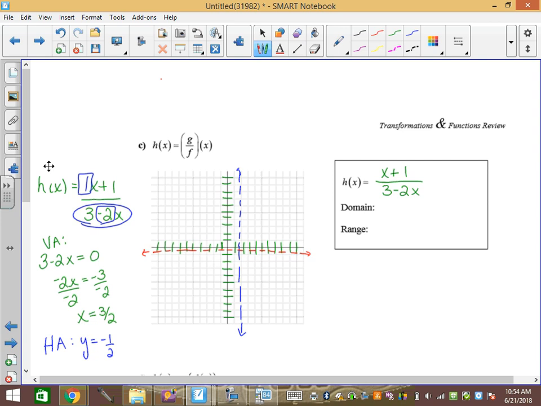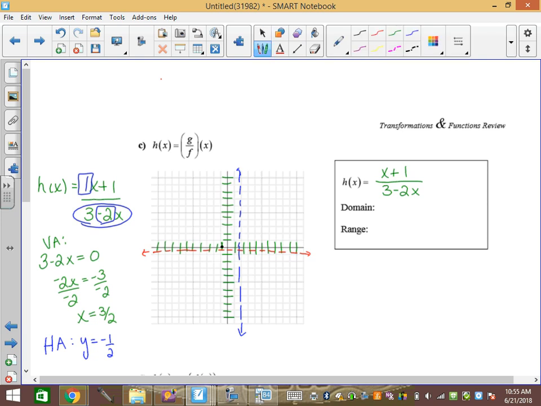I can go to my calculator and plug it in and then pull some values off my table of values. So I have negative 1 and 0.